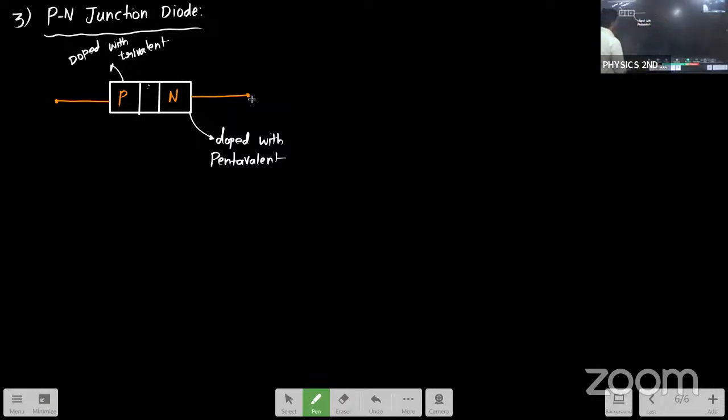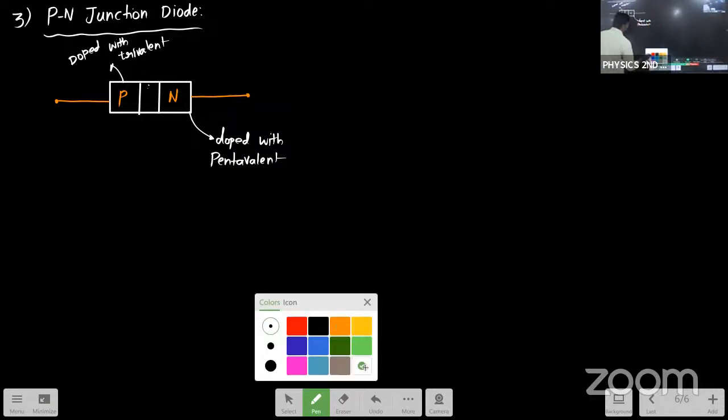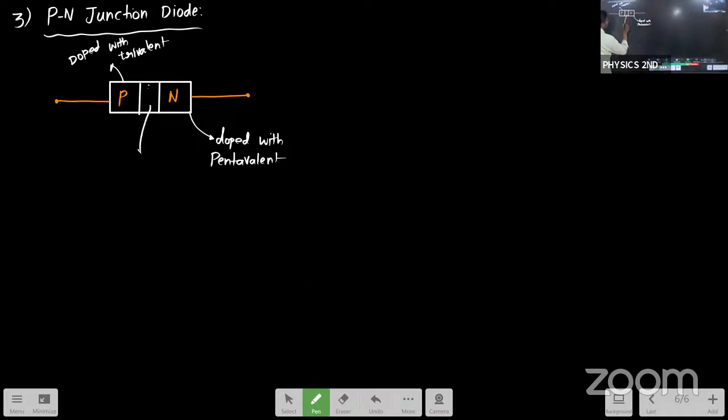In between, a region is formed which is depleted of charges. If I go on explaining how this is formed, it will become a very large topic that is not necessary. Just remember, in a PN junction diode, there is a region which is depleted of charges. That region is called the depletion region.